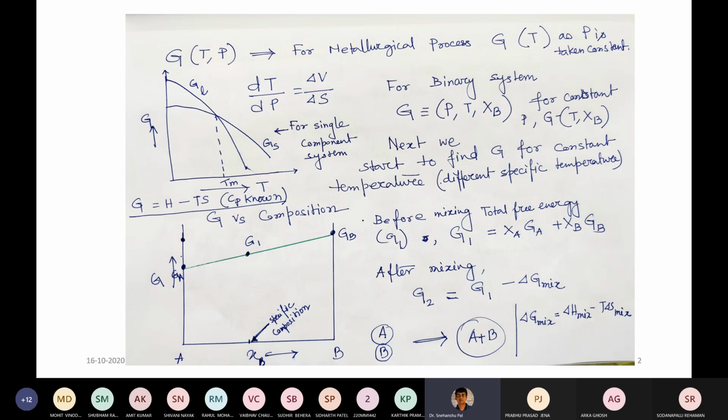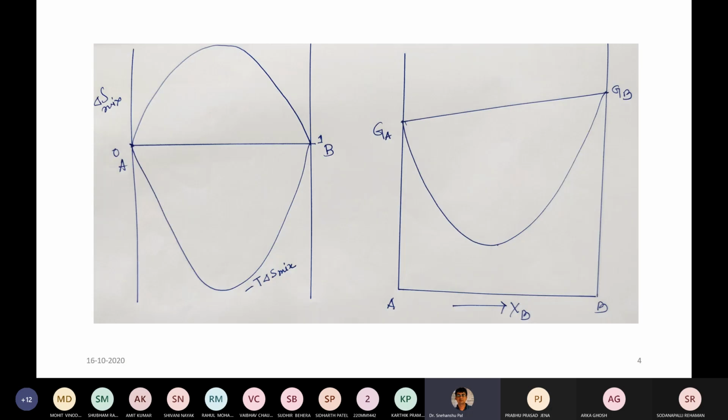Now if you check here, we have to subtract del G mix to get the actual Gibbs free energy with respect to composition. This is the Gibbs free energy versus composition diagram.